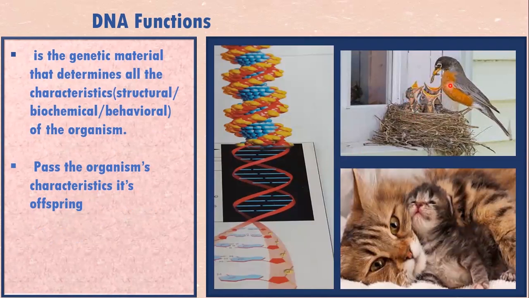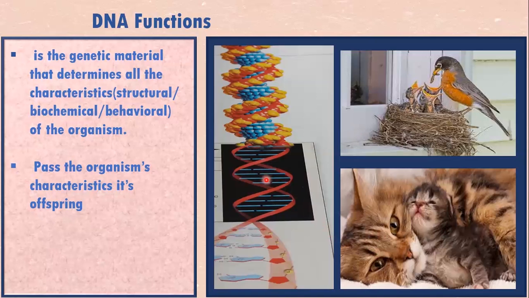The behavior and everything is because DNA enabled the parent bird to form the offspring. The same thing, for example, DNA enabled this cat to have a baby cat that is a cat, not a mouse. It has all the cat features as well as the behavior of a cat, and it's because of this molecule, DNA.